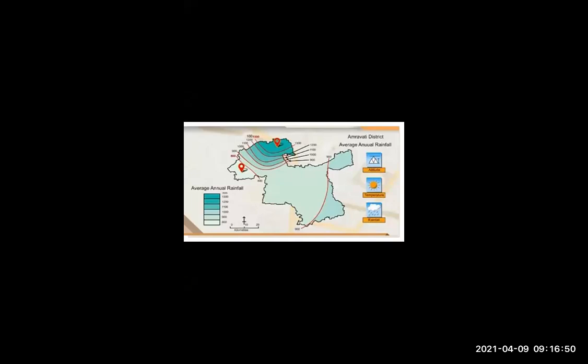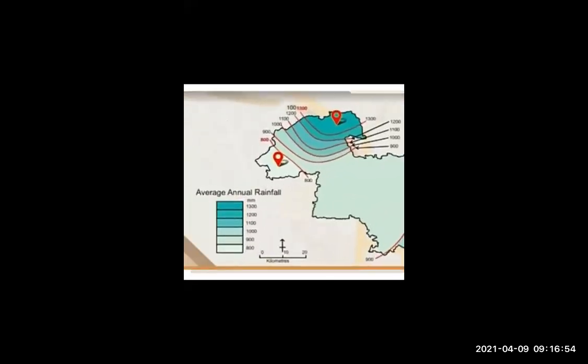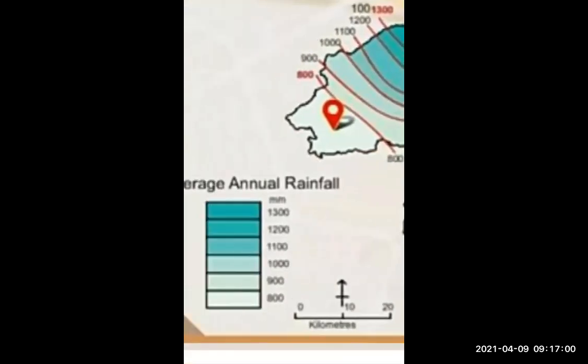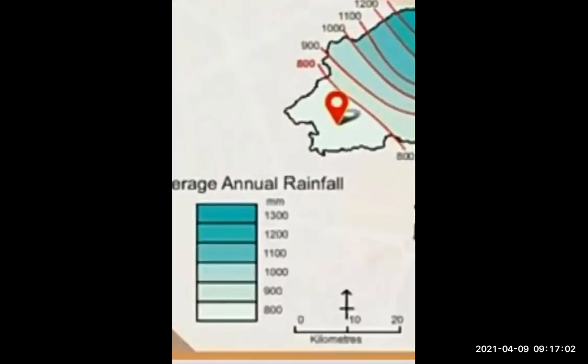Now next, always look at this map, on this scale. I will show you. There are so many values, but the lowest value is 800 and the highest value is 1300.